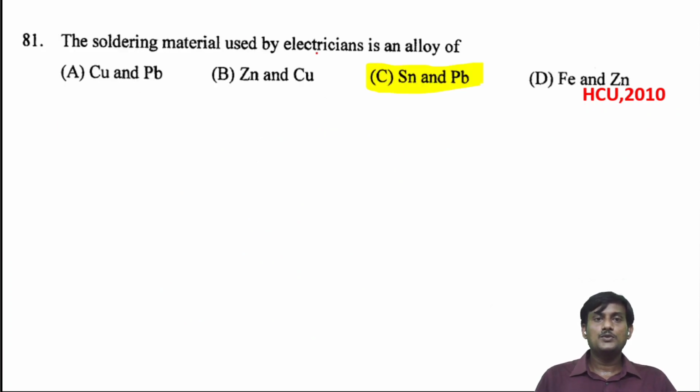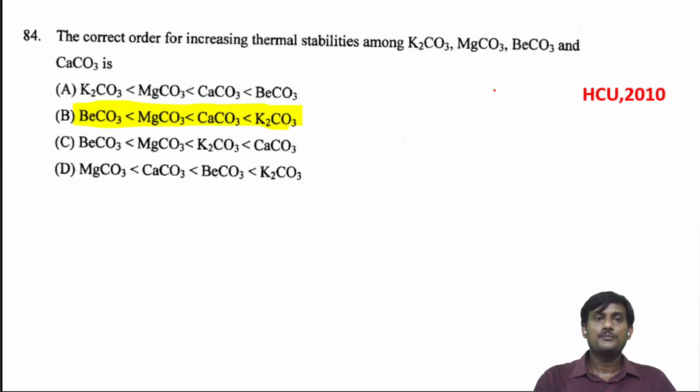The soldering material used by electricians is an alloy of tin and lead. Tin is 60% and lead is 40%.